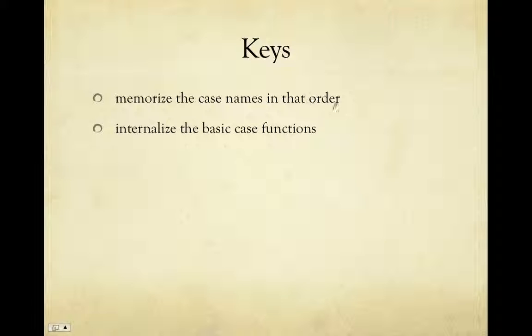So memorize case names in the order: nominative, genitive, dative, accusative, ablative. When it comes time to actually form the nouns, you're going to memorize the endings in this order. Memorize those case names, and then internalize the basic case functions: subject, possession, indirect object, direct object, and objects of prepositions and other sorts of things.